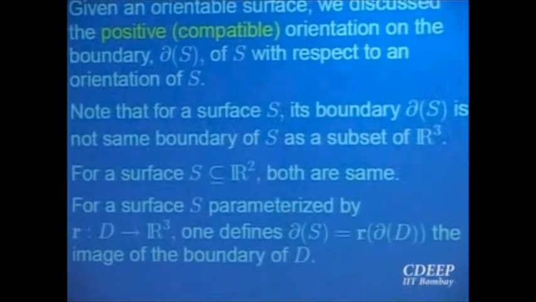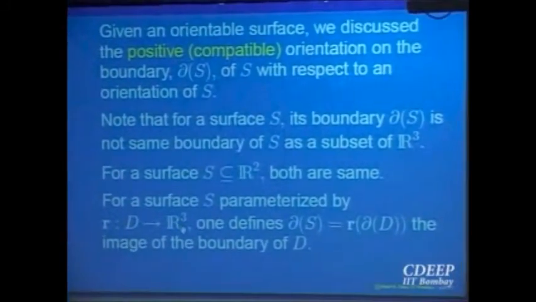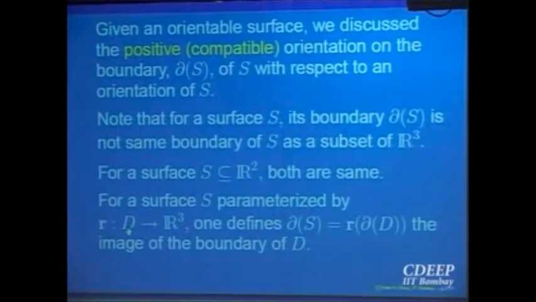In R3, to make it very clear, you look at a parameterization of the surface, a function from D, a subset of R2, to R3. The image of this domain is the surface in R3. So look at the boundary of D in the plane, which is well defined. Then look at the image of that boundary in R3. That is the boundary of the surface S.